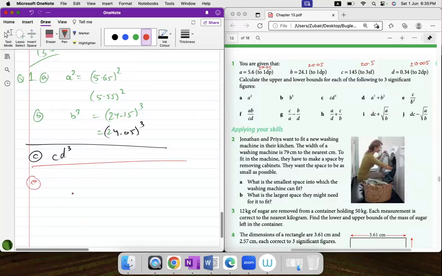So for E part, which says C divided by B square. Now for upper bound, I need higher value of C, which is 145.5, lower value of B, which is 24.05 squared. And we have to answer to three significant figures. So this is 0.52.